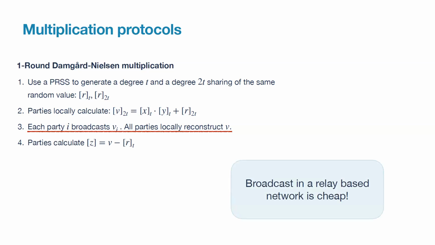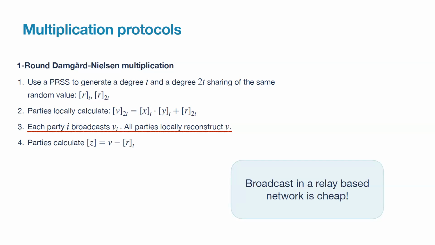However, in our case, broadcast is actually cheaper than point-to-point communication, which means that this protocol is even cheaper in terms of communication than the previous one. So what we do is use this protocol, we broadcast in our final protocol, and this is the final piece of our MPC protocol.